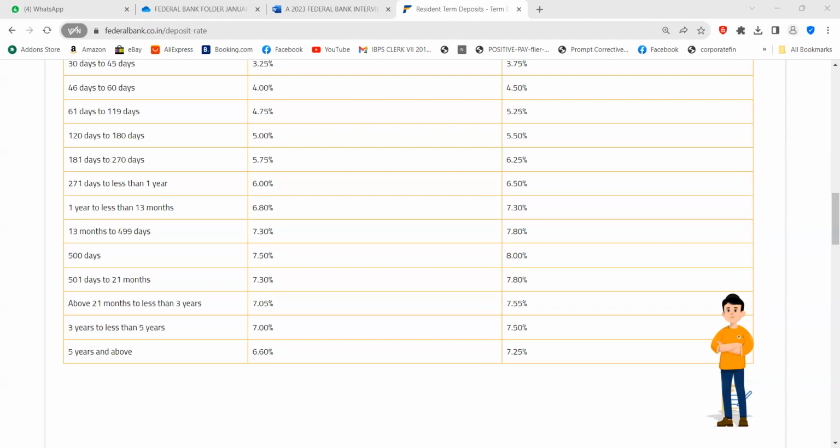Non-resident means a person of Indian origin who is staying abroad for gainful employment. Such a person is known as what? Non-resident. I hope you understand that. Very good. And in Federal Bank, you have to know about it because Federal Bank is one of the leading banks in having more NRE.